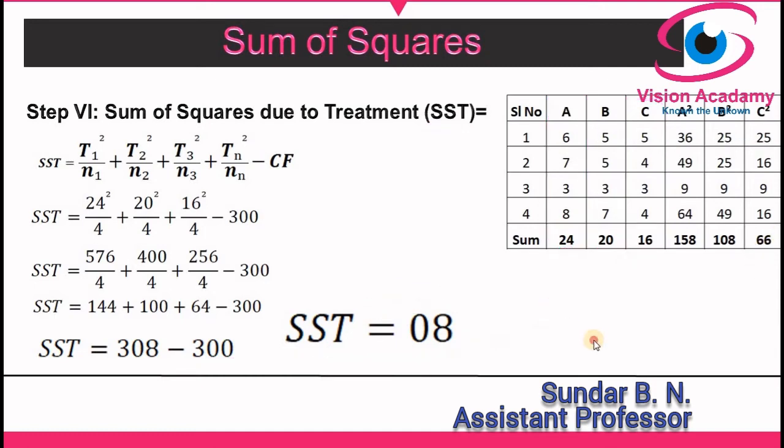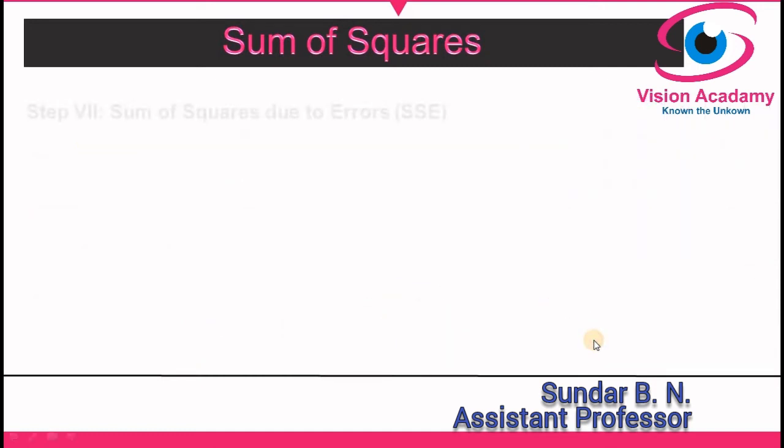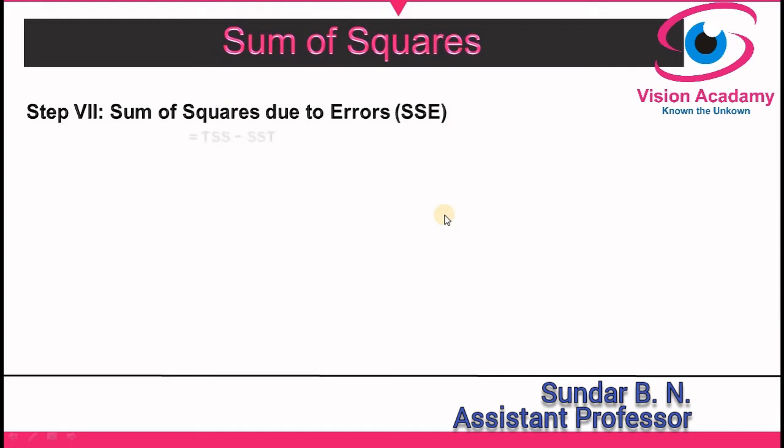Then let us move to another step in the sum of squares, that is the sum of squares due to errors. The formula for calculating the sum of squares due to error is TSS minus SST. TSS in this example is 32, which we found in an earlier step, so you can go back to that if you are noting down this problem.